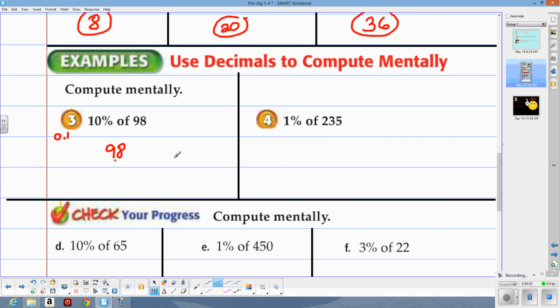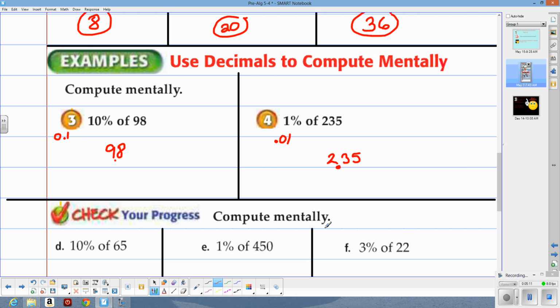It's going to be 9.8. For 1%, 1% is 1/100th. If you take 1/100th and multiply it by 235, you're still going to have a 2, a 3, and a 5, but this time in your answer, you're going to move the decimal 2 places over. So it's 2 and 35 hundredths.